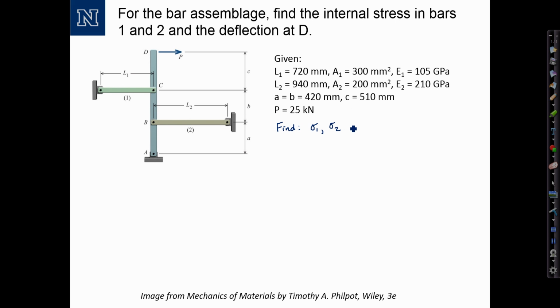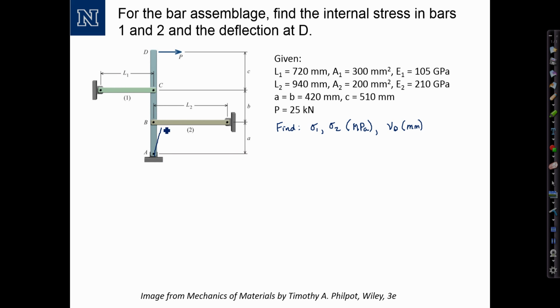Because these are in standard SI units, we're going to find our stresses in units of megapascals, or Newton per millimeter squared. And then we're also asked to find the deflection at point D, which I'm going to call V_D, and we'll find that in units of millimeters.